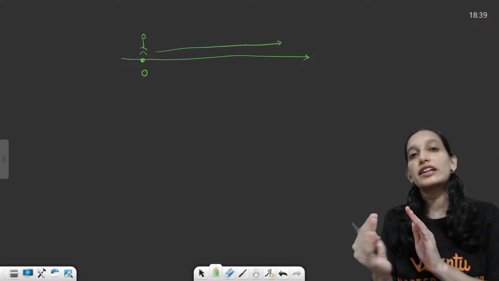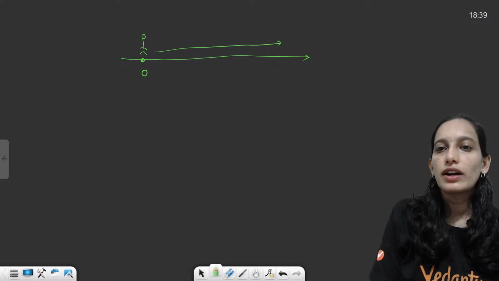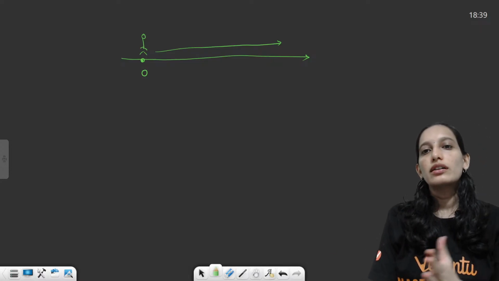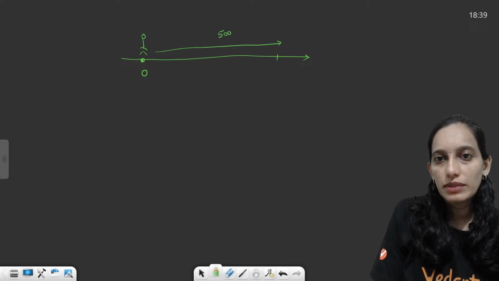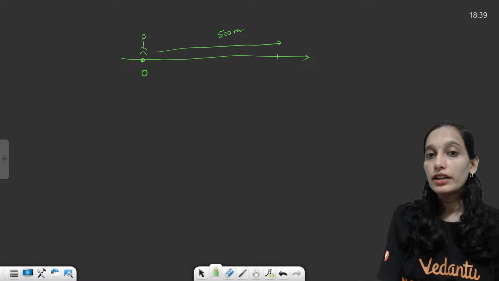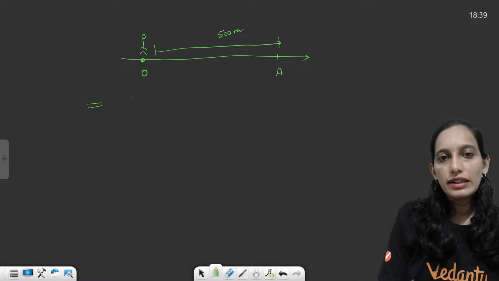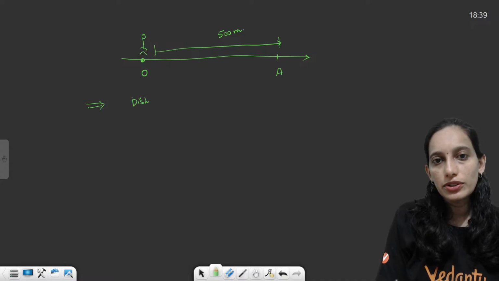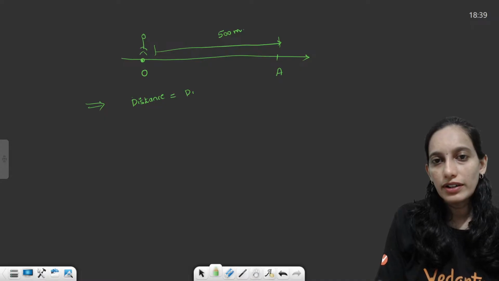There is no direction reversal. Let us say the person is just traveling in one direction without changing its direction of motion, somewhere around 500 meter again. In this case, if he just travels from O to A, distance will be equal to displacement. The actual distance traveled will be equal to displacement.